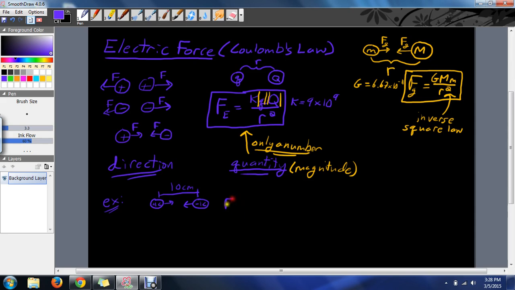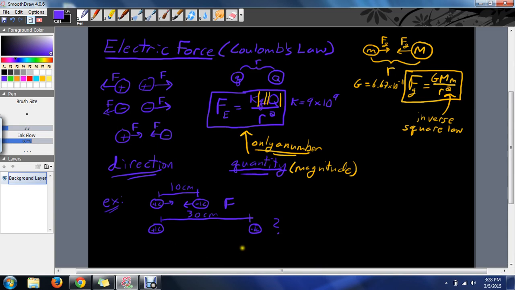And the force is just some general F. Obviously we could figure it out, but I don't feel like doing that. I just want to ask this question. What happens if I separate them by 30 centimeters? What is the new force in terms of F?